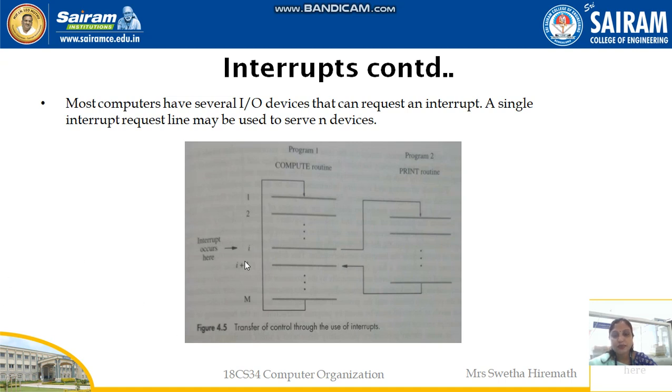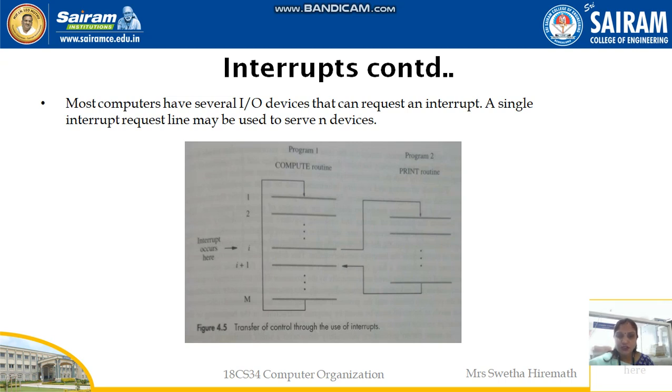At that particular point, the status of the program, up to what it has completed and what address it has to start from after getting the control back, all this information has to be stored in some register.